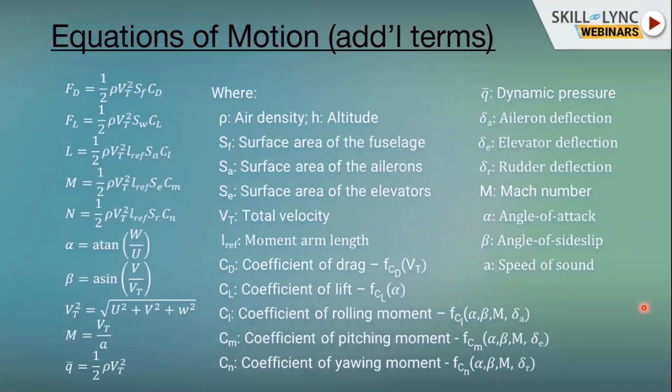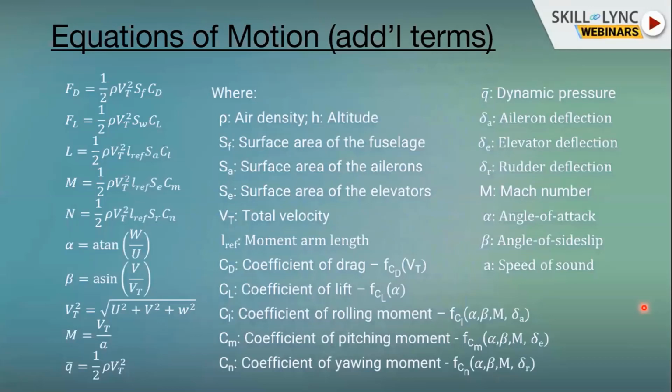And angle of attack, as you can see on the left, is defined as arctan W over U. W is the normal velocity in the z-axis. U is the forward velocity in the x-axis. So the CL, aerodynamic coefficient, is a function of alpha.